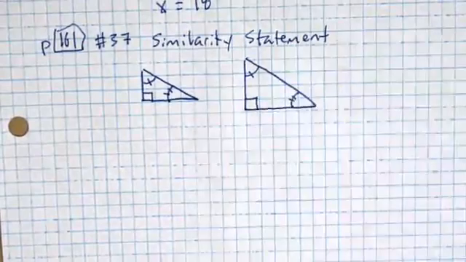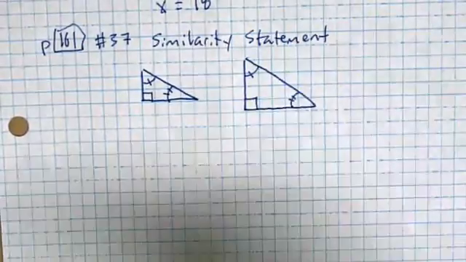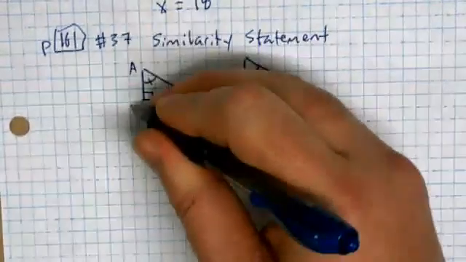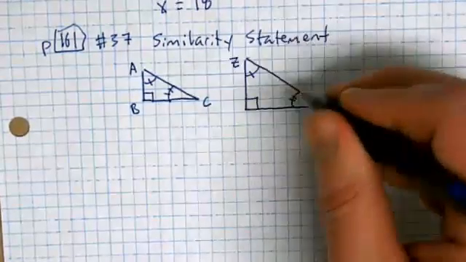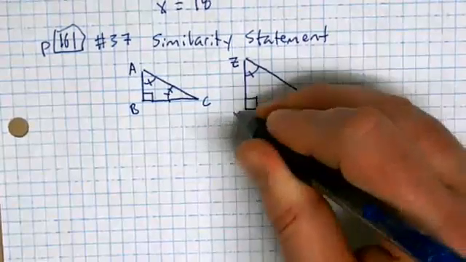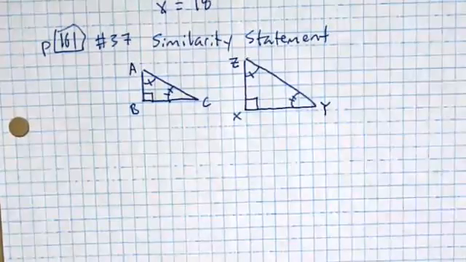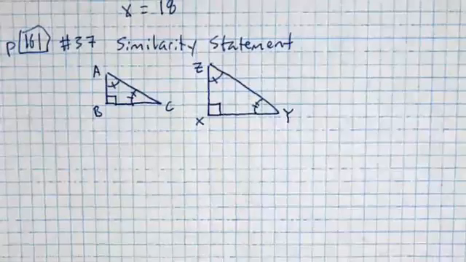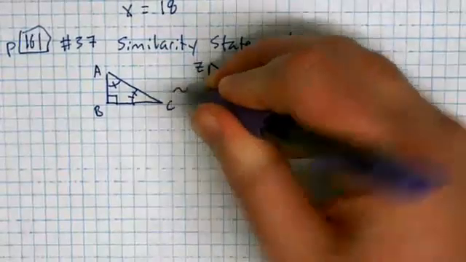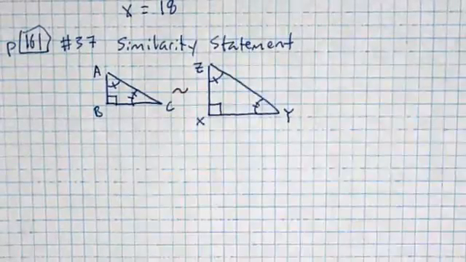And I need you to actually write the letters in this time. Make sure you've got those two triangles drawn. They did tell us in the instructions that they're similar. I'm going to put that little squiggle in there to remind myself that they are similar.